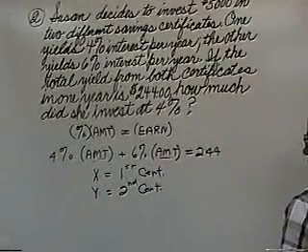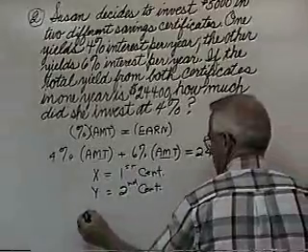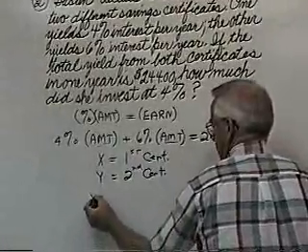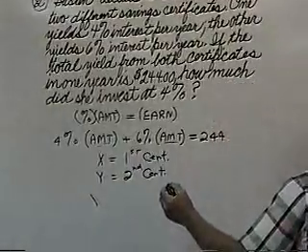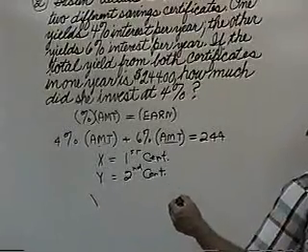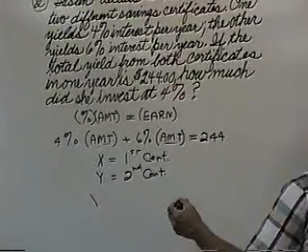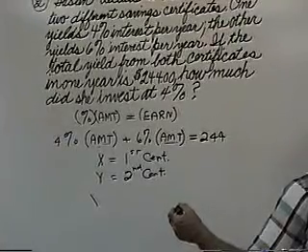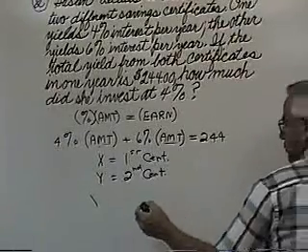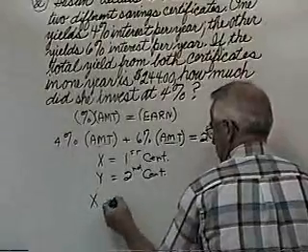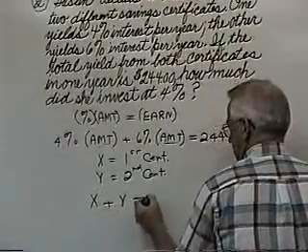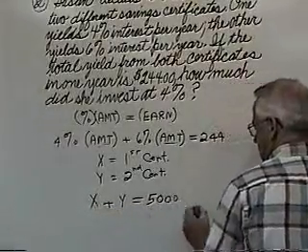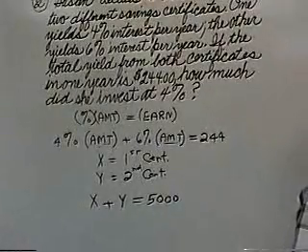Now, what are our equations? Well, I'm going to just talk to you. You don't have to look back, but the problem says Susan decides to invest $5,000 in 2 different certificates. That means these 2 amounts are equal to $5,000.